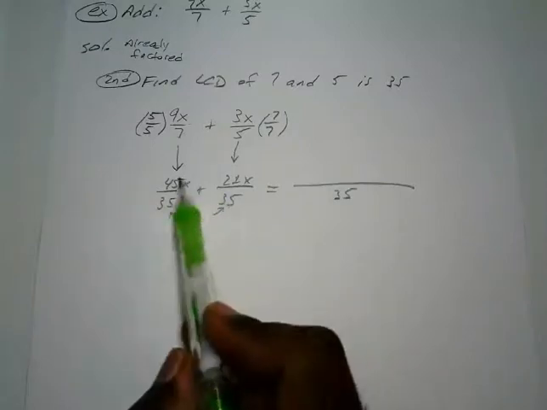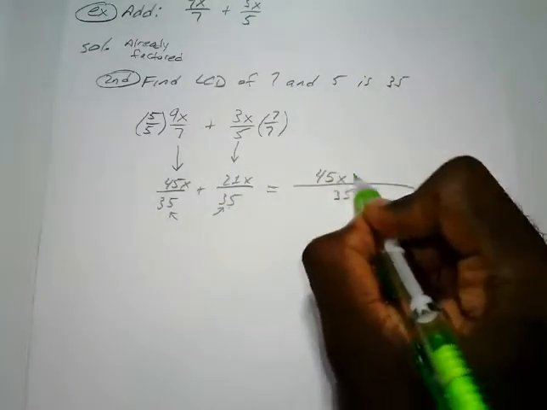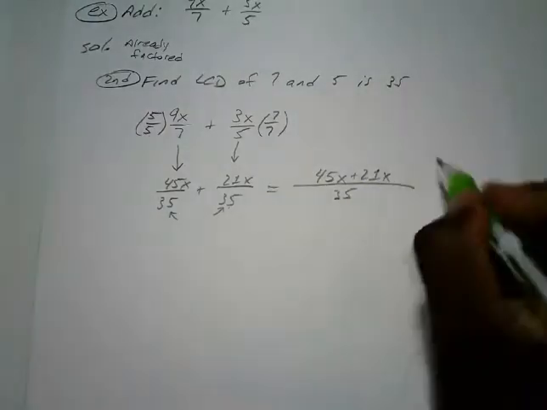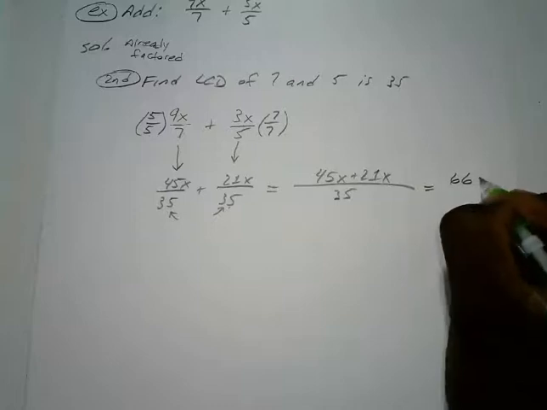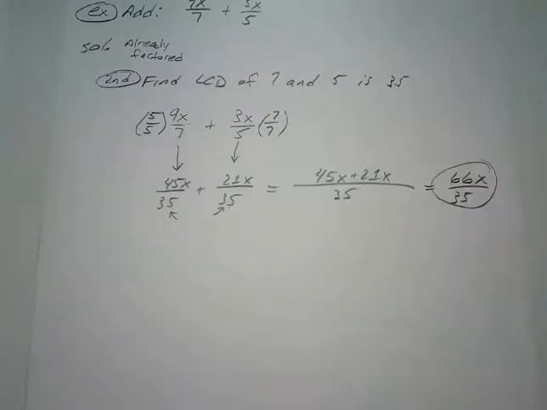And really all we have to do is just add our numerators. So we have 45x plus 21x, which would give us 66x over 35. Okay, now there's nothing that would cancel out between those two, so that would be our final answer.